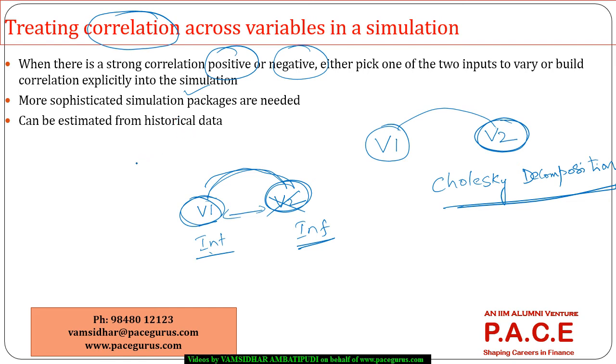We may not be able to do this entire process manually. But how much the correlation should be between the variables, I can very well get from the historical data, and based on that correlation I can compute the value of one variable based on the value of the other variable and then take it forward.